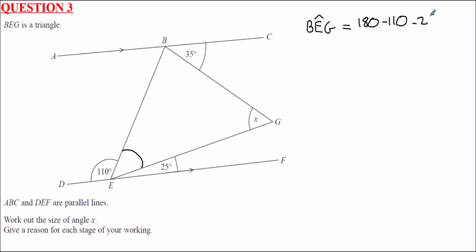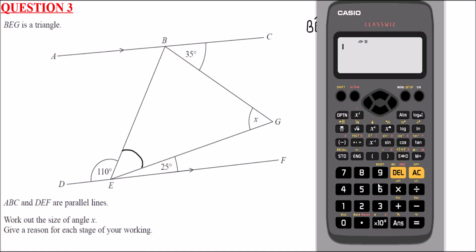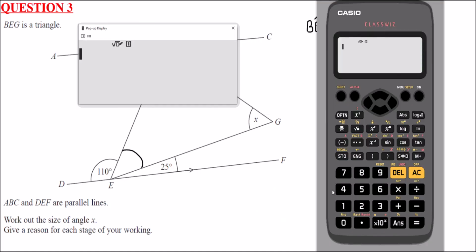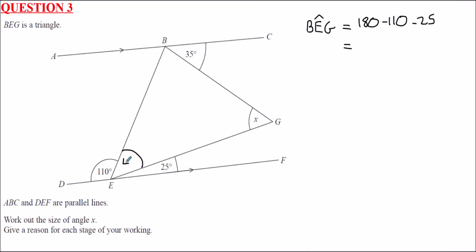And if it's a calculator exam, don't even risk miscalculating. Let's just do this here. So 180 minus 110 minus 25 gives us 45 degrees.